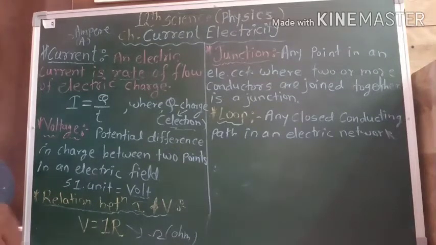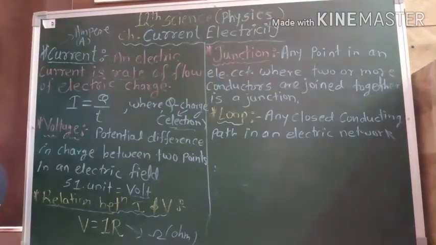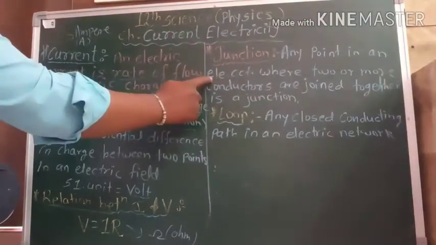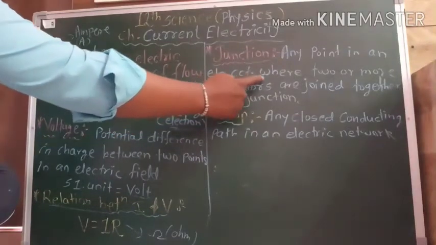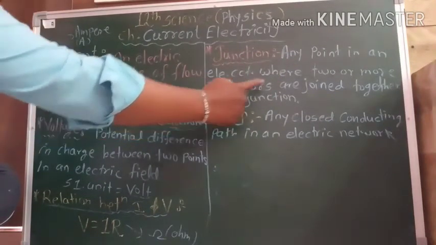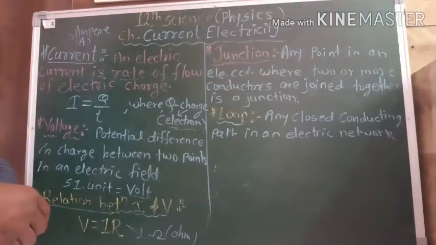The first is junction. So what is meant by junction? Any point in an electrical circuit where two or more conductors are joined together is a junction.